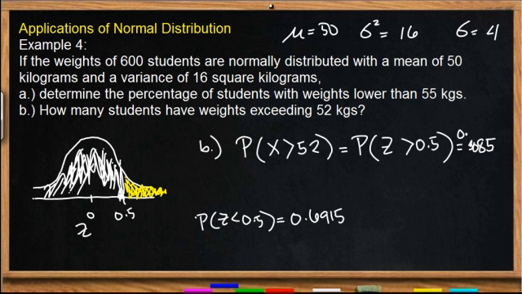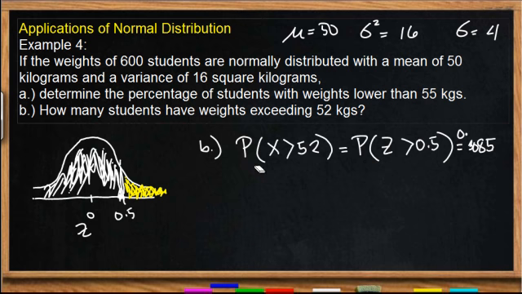But the question is not about the percent or the probability that a student weighs more than 52, but how many students. So the number of students. I hope you understand what this means in terms of percent. It means 0.3085 of all students weigh more than 52.